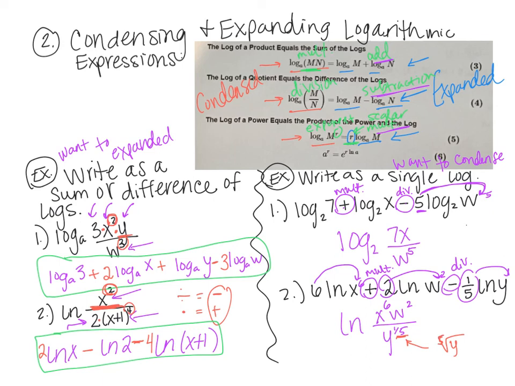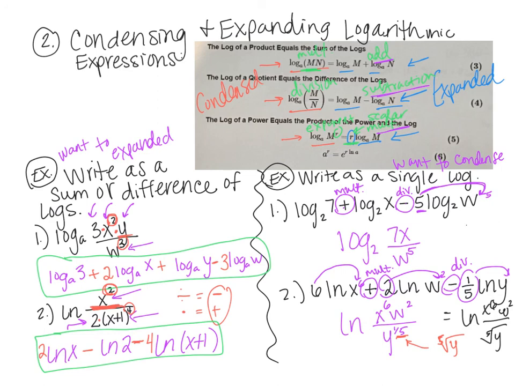So what our answer really would look like here is the natural log of x to the 6th w squared over the 5th root of y. So it's just when there's a fraction, it becomes a radical sign. Whatever that denominator is, you put it out in front. I didn't know if we remembered that exponent property or not. But that's how I'm going to condense and expand those expressions.